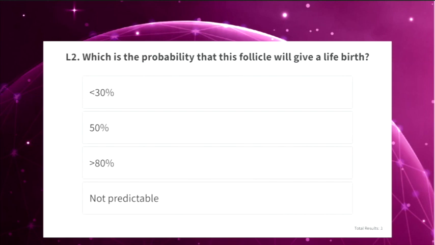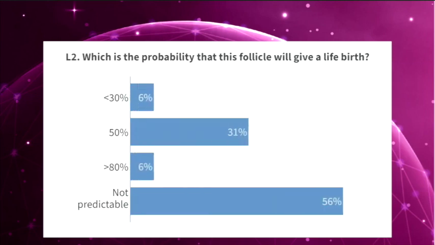How can we predict the probability of live birth only by watching that follicle during our stimulation? I'm very curious to know the result, but I think that also in this case, it's not predictable.